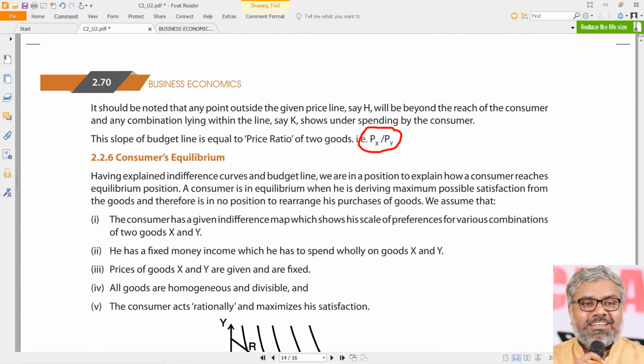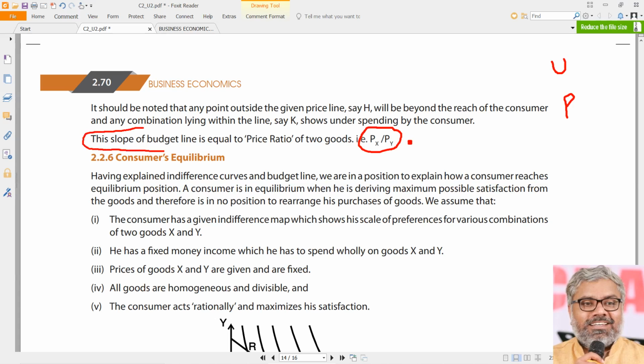MUx and MUy, the marginal utilities of X and Y, talk about utilities, that is satisfaction, whereas in the case of the price line or budget line we are talking about money, that is price of X divided by price of Y. That is called the price ratio. That's the slope of the budget line.